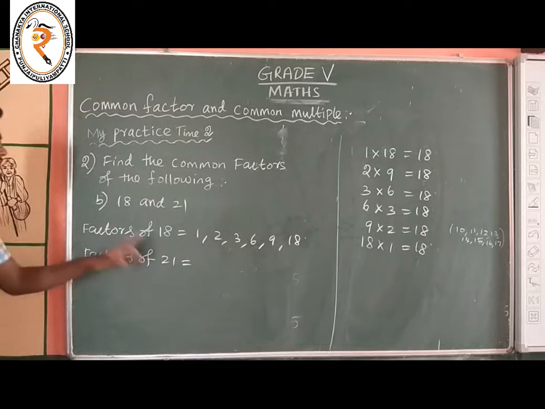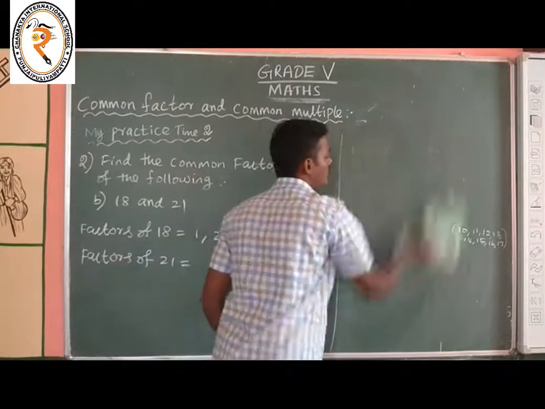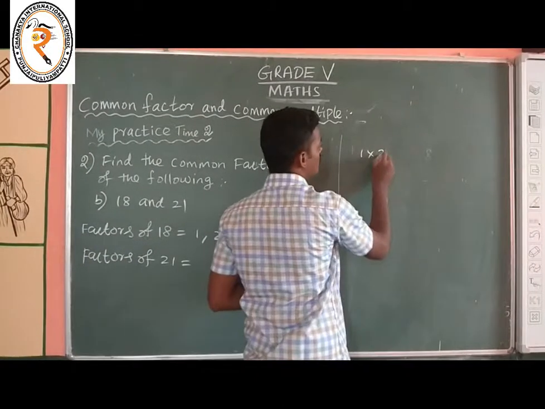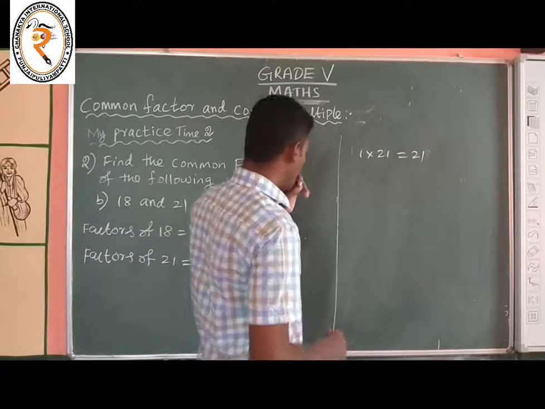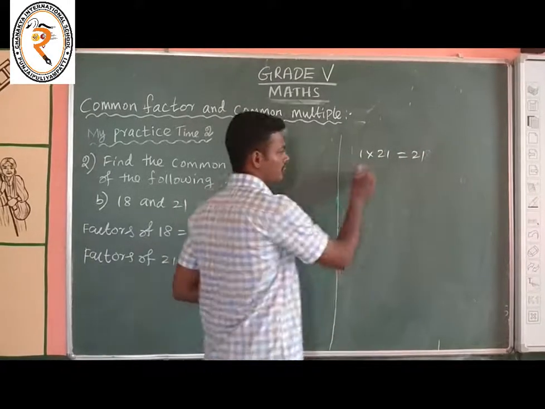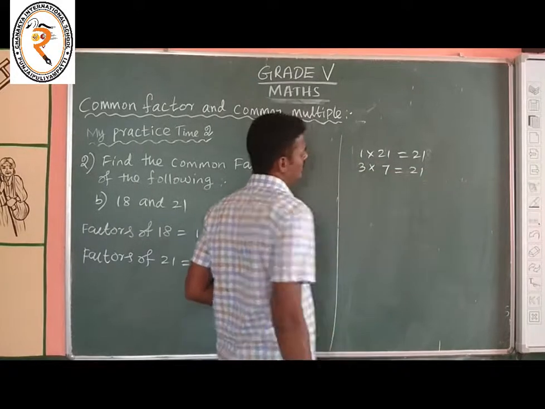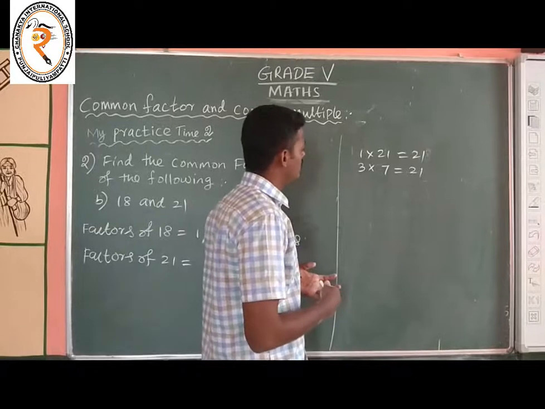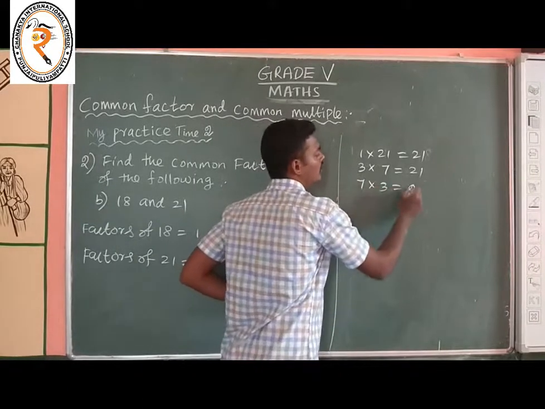Now factors of 21. 21 in the first table, 1 21s are 21. Second table no, third table, 3 7s are 21. Fourth, fifth, sixth no, seventh table, 7 3s are 21.